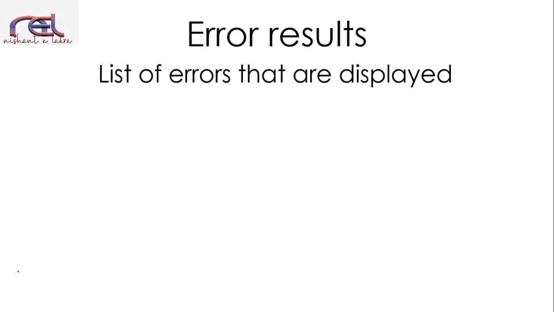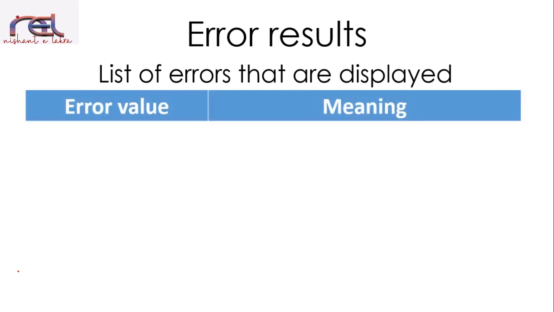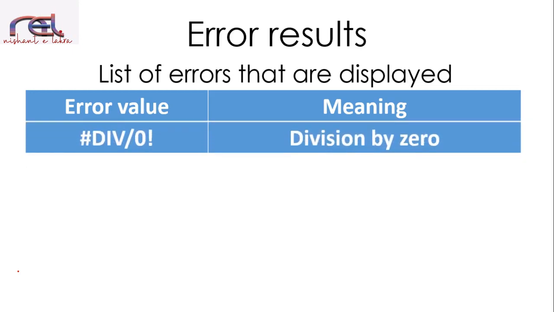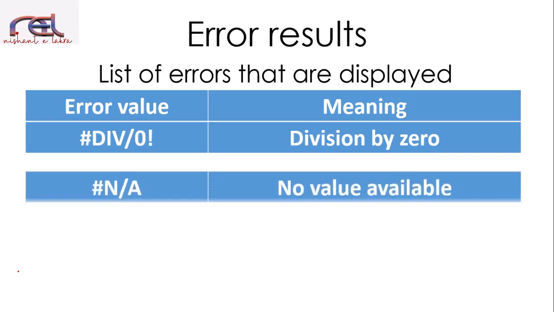Sometimes while working on an Excel worksheet, errors are displayed right in the working cell or the formula bar. So now we'll be seeing the list of errors that are displayed, the error value and its meaning. The first one is #DIV/0!. That is an error for division by 0.